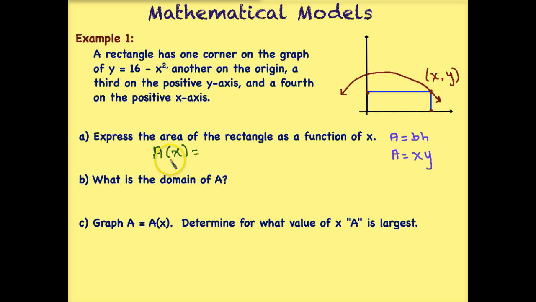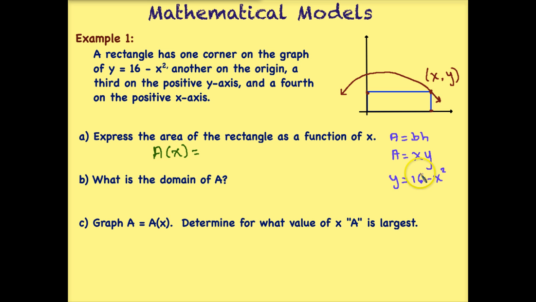But that's still not expressed as a function of x. This is expressed as a function of x and y. So we need to get rid of the y. Well, if we look back at our problem, y is explained to us. y is defined as 16 minus x squared.